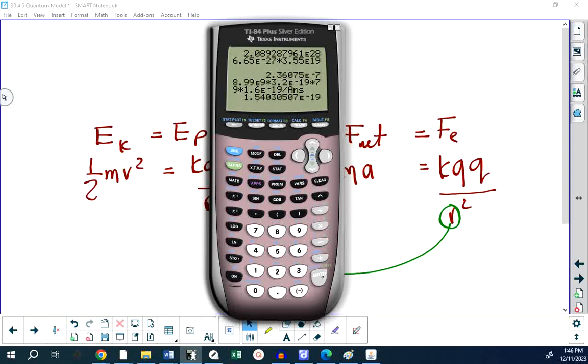This is giving me r squared. So the distance of closest approach is that.